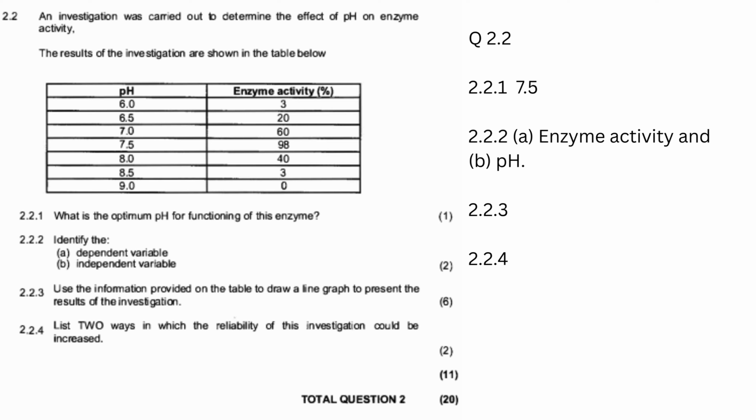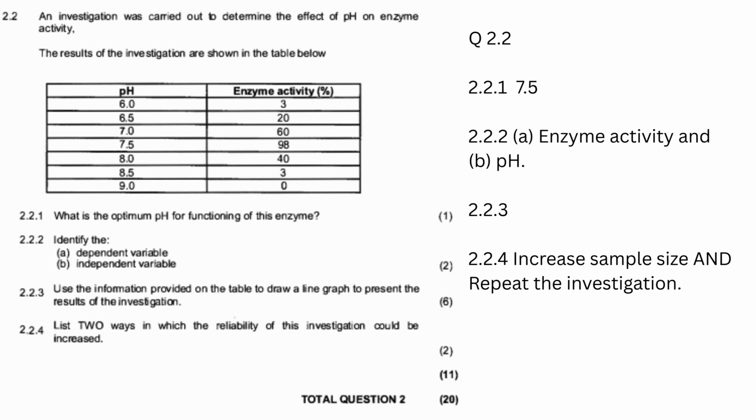Okay. Question 2.2.4: list 2 ways in which the reliability of this investigation could be increased. This is a very tricky question. I think most learners do not get these 2 marks. So how can this investigation be made reliable?